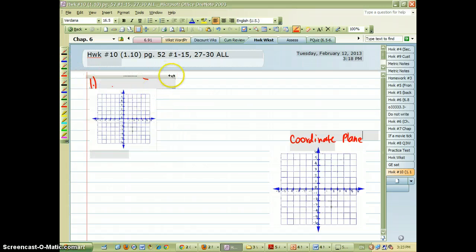Now in number 1, what I have here is a graph on the side where letter T is all the way down here.